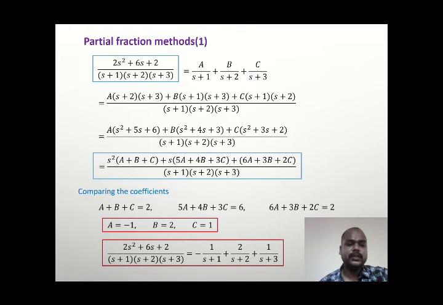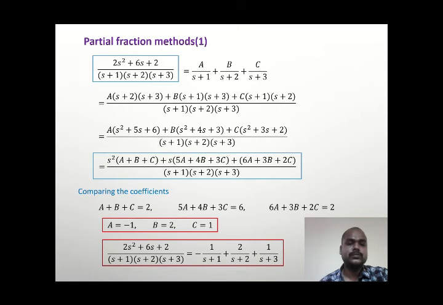In the numerator we have s² multiplied by (a + b + c), s multiplied by (5a + 4b + 3c), and the last term is 6a + 3b + 2c. And the denominator is again (s+1)(s+2)(s+3).